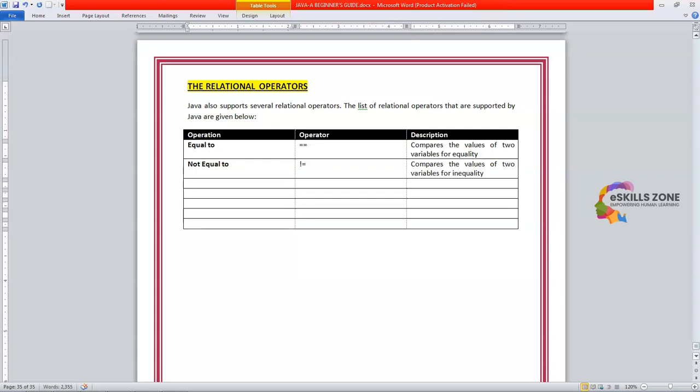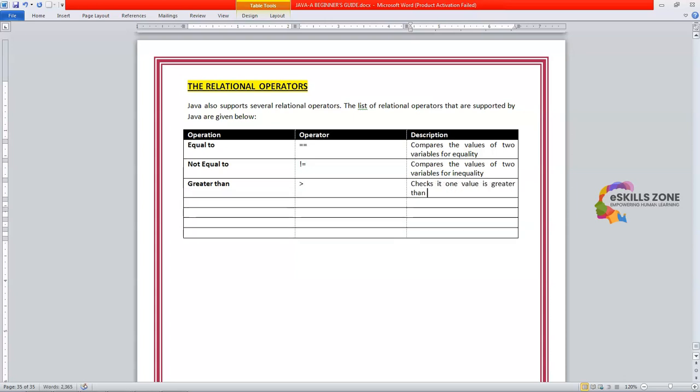Next one is the greater than, and for this we'll use the greater than symbol, and it checks if one value is greater than the other value.